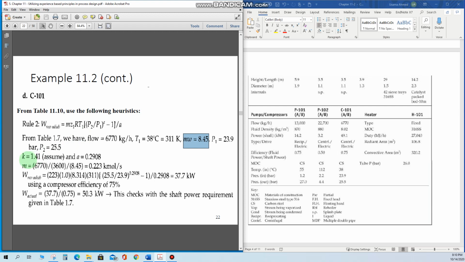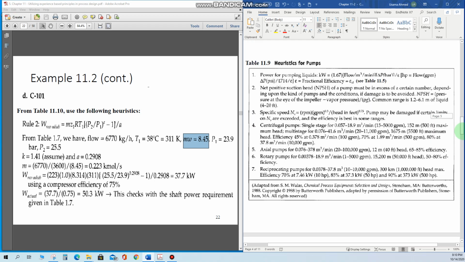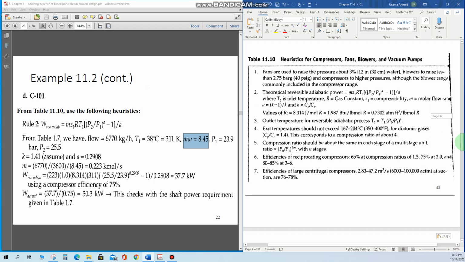Now K is equal to 1.41. What is this K here? If you go back to rule number 4, exit temperatures should not exceed 164 to 204 degrees centigrade for diatomic gases, and Cp divided by Cv is equal to 1.4.